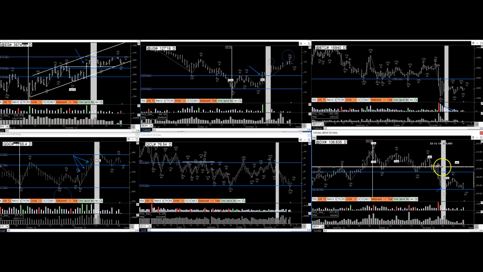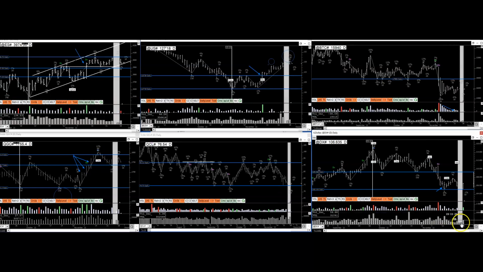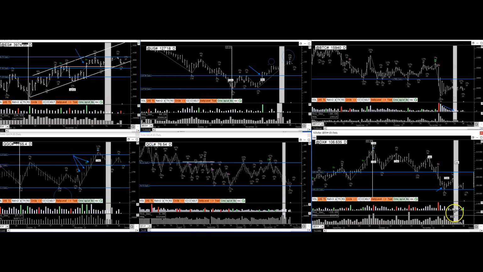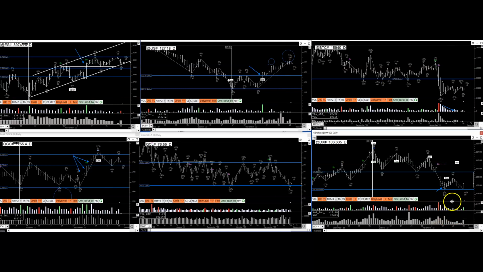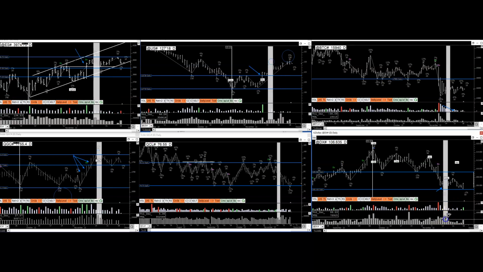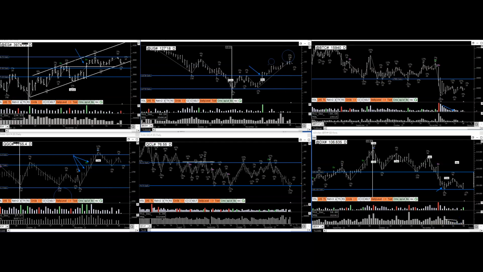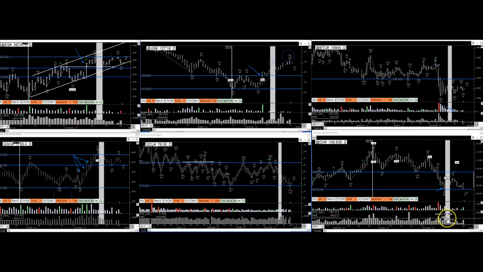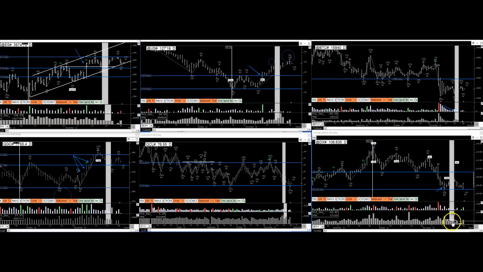And this thing is not going to go anywhere. You know why? You see this swing up? Look at this. You see low, low, low, low, low, low. There's no sign of strength. This is weakness. Low, low, low, low, low. That's exactly what you want to see on a pullback.